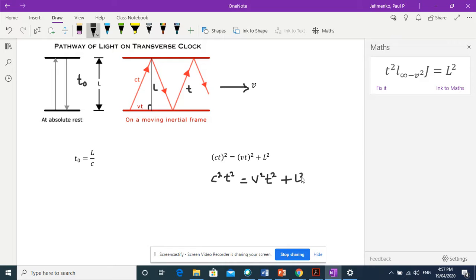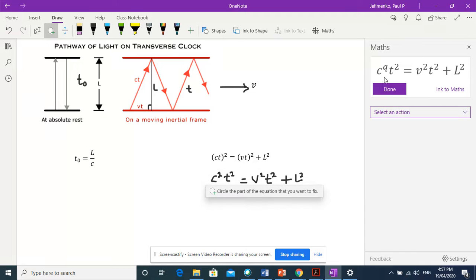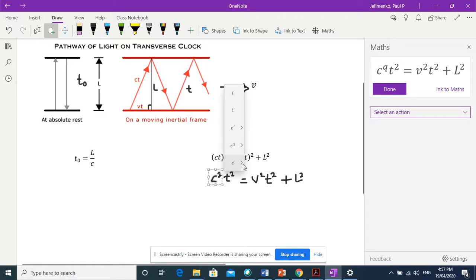Now I'm going to try and convert this into maths text. So how do I do that? I use this tool and see if it understands what I'm trying to say. Not quite. Let's do the fix it. I thought this was a Q, not what it was. Okay, now it's getting confused by the 2.